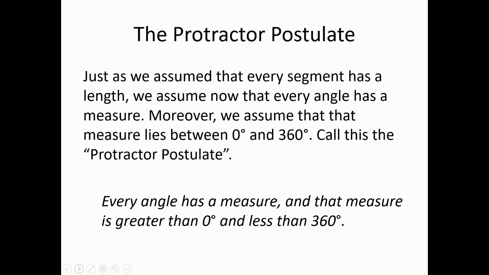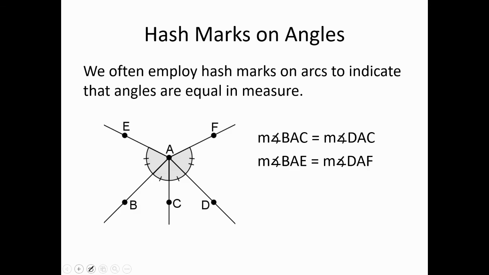And it says this: every angle has a measure, and that measure is greater than 0 degrees and less than 360 degrees. And I think that you will find that quite plausible. An angle, of course, is two rays that share a common endpoint, so there will be some number of degrees that it takes to rotate one side until it coincides with the other. This will have to be greater than 0 and less than 360, and this is our protractor postulate, or at least the first part of it.